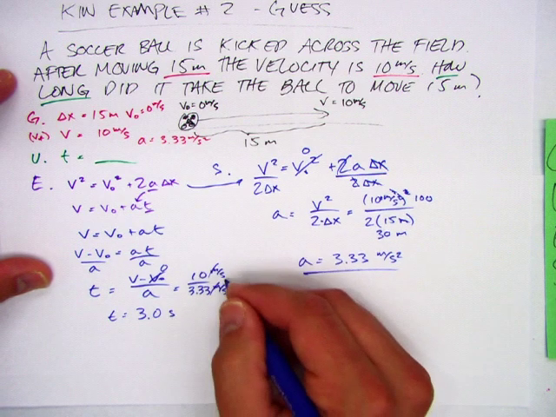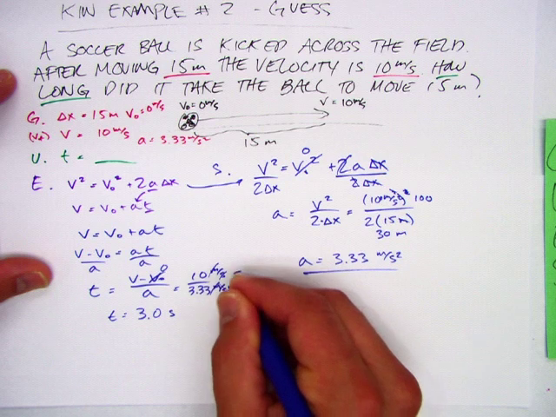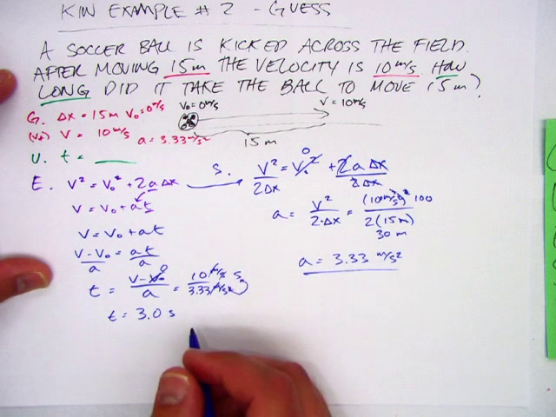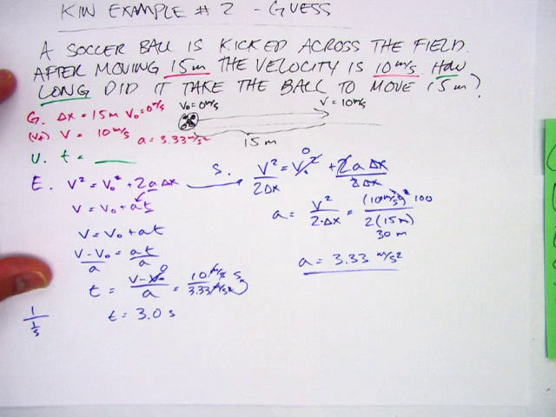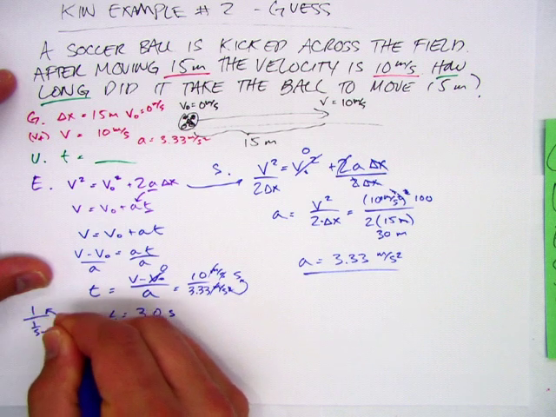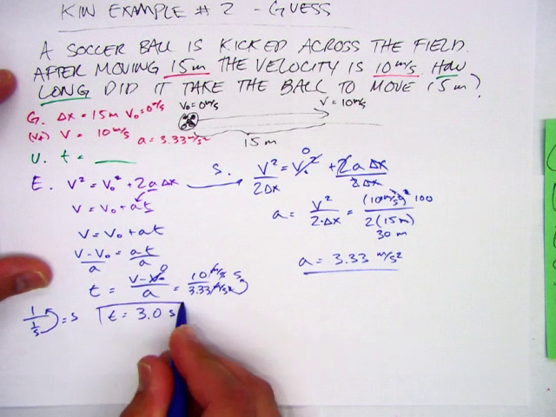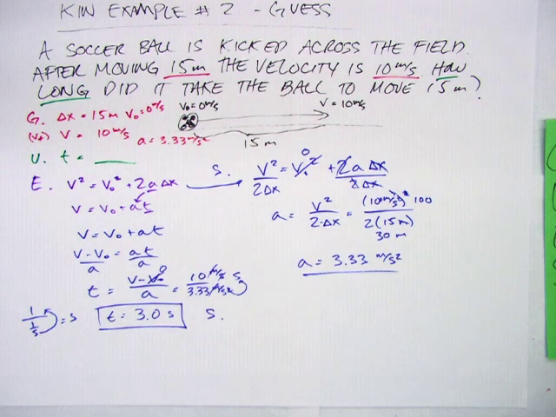Meters cancel. S cancels the square. And I have 1 over seconds, which means the second goes to the top. So just know what I did there. 1 over s, if I simplify that, is the same as s. So I have 3 seconds. That's my final solution. And I have completed the problem.